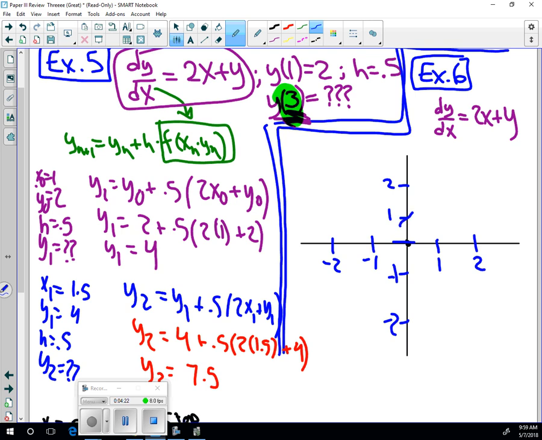And then how about, I'd rather use a different color here, at 0, 2? Well, that slope is going to be 2. 0, negative 1. 0, negative 2. Okay, now how about at 1, 0? So at x is 1, you're going to have a slope of 2 plus 0 is 2. And then this will be 4.